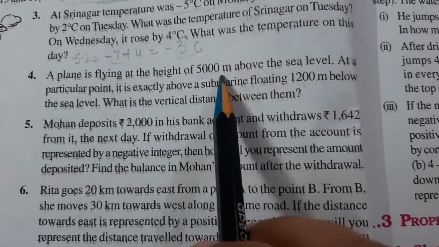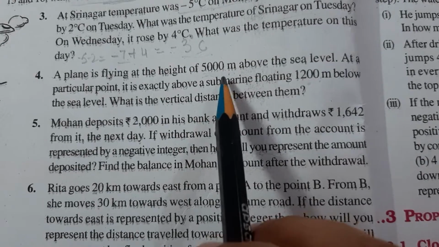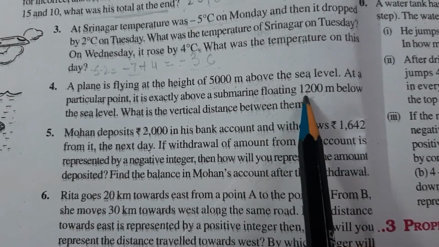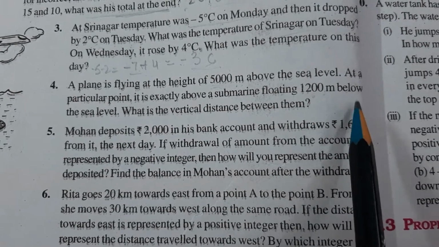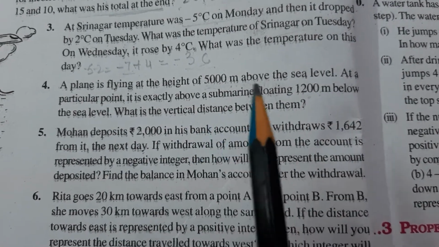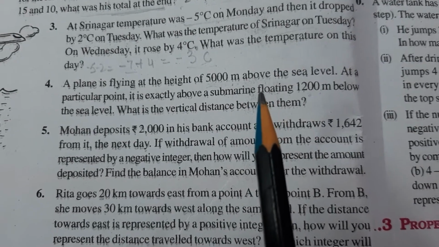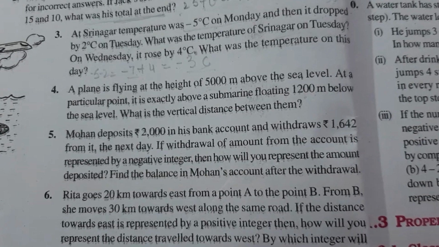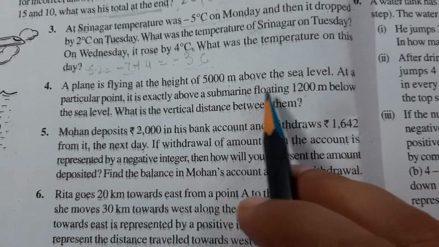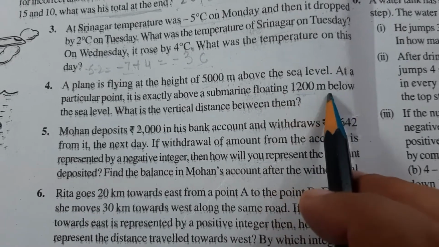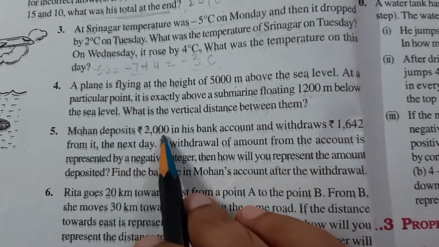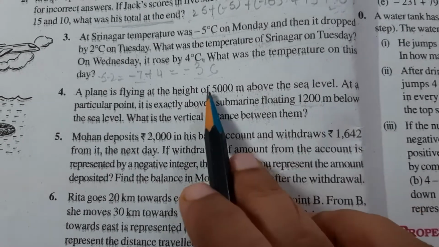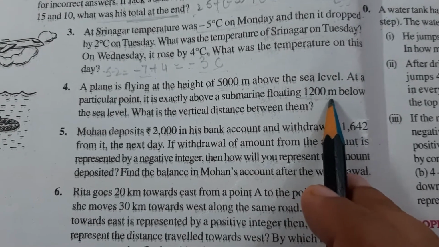Then at a particular point, it is exactly above a submarine floating 1200 meters below the sea level. It means this distance will be negative, this is positive, and this is negative.